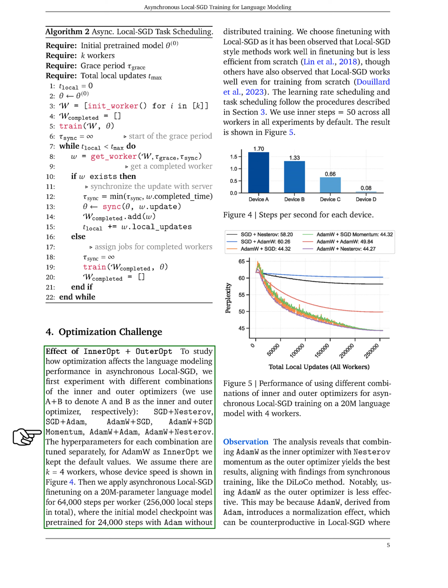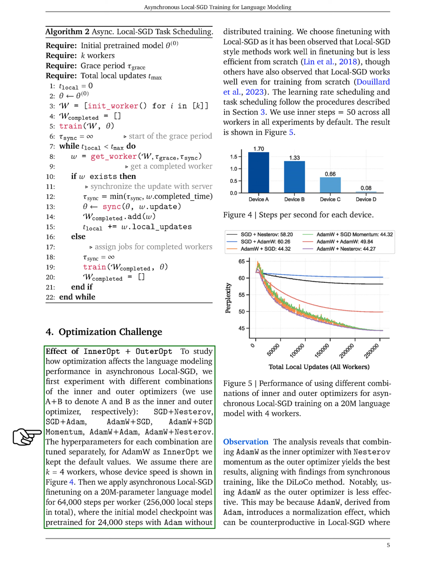We'll test combinations like SGD plus Nesterov, SGD plus Atom, Atom W plus SGD, Atom W plus SGD momentum, Atom W plus Atom, and Atom W plus Nesterov. We'll adjust the hyperparameters for each combination separately, but for Atom W as the inner optimizer, we'll stick with the default values. We'll assume we have 4 workers, and we'll show their device speed in a figure.